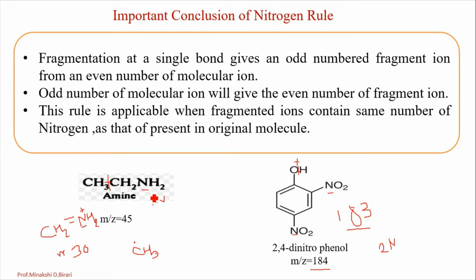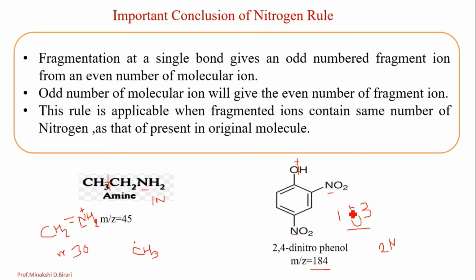And this rule is applicable only when the fragment ions contain the same number of nitrogens as present in the original molecule. As we have studied, in the ethylamine example one nitrogen is present in the molecular ion and one nitrogen in the fragment ion, the same number as in the original molecule.